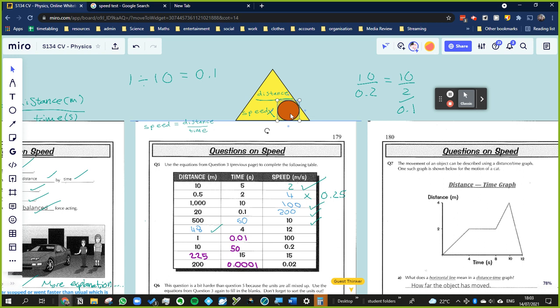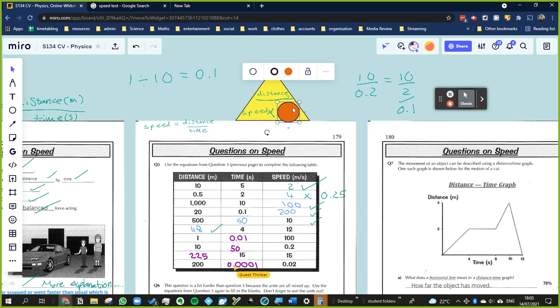Next one is again time, so distance divided by speed. 10 divided by 0.2 is 50. When you divide a number by another number that's less than 1, it gets larger. If I divided 10 by 2, it would turn into 5, but because I'm dividing it by 0.2, it actually gets larger, so it goes to 50.